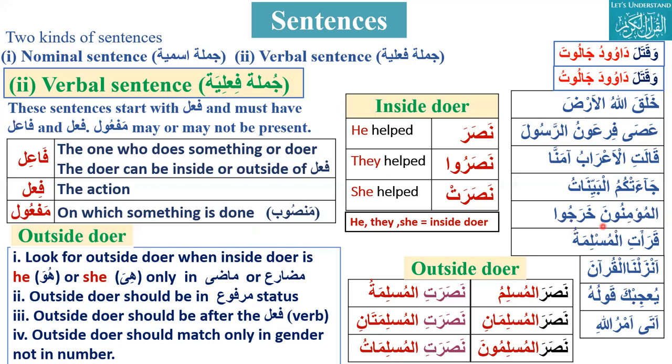So it started with what? It's a nominal sentence because it starts with a noun. And what is kharaju? Kharaju is a verb. If it is a nominal sentence, then al-mu'minuna is mubtada and kharaju is khabar.